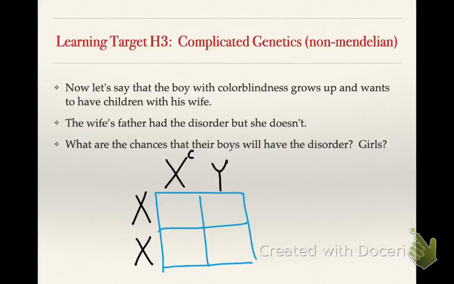So if dad had a girl, one of her X chromosomes must have come from him. And if he's colorblind, he only had broken X chromosomes to give. So we know this girl must be carrying around one of our broken X chromosomes, right? She's not colorblind because she's got a normal one to read, but her father had the disorder, so she's got that broken one there. All right, let's do the Punnett square.